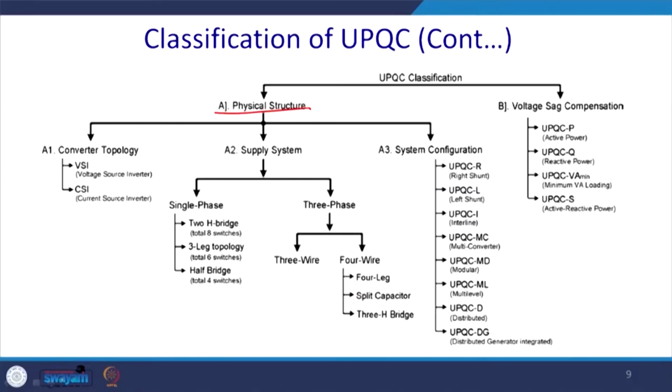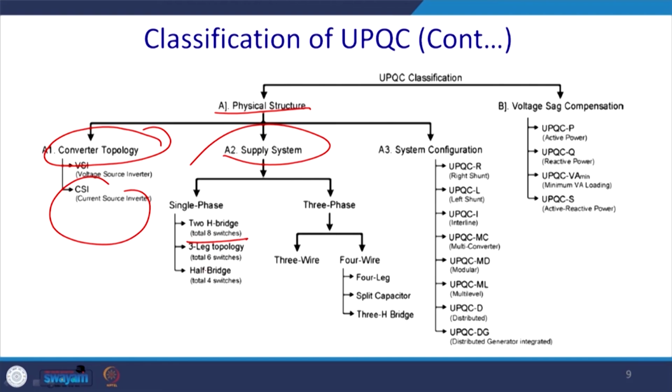These are physical structures. Based on the physical structures, we may have a VSI or CSI, that is, a voltage source inverter or current source inverter, and based on the supply system, we may have a single phase. Generally, we require 2 H bridges, since it is low voltage, so 8 switches.